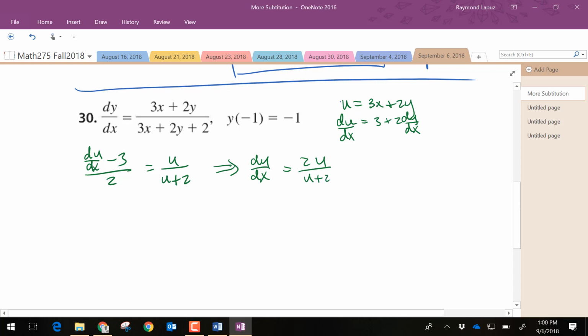This is the 2 being multiplied, and it will add 3, but we want to add with common denominators, so we're going to say (u plus 2) over (u plus 2). So there's 2u and 3u, 5u plus 6 divided by u plus 2.